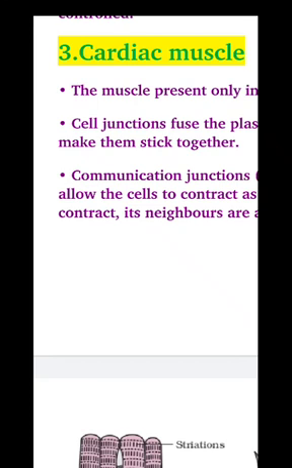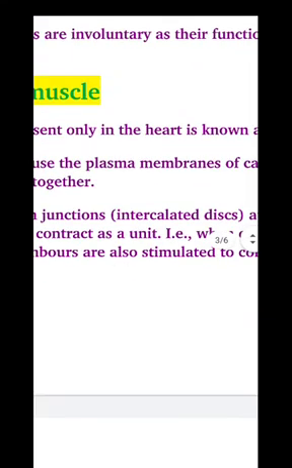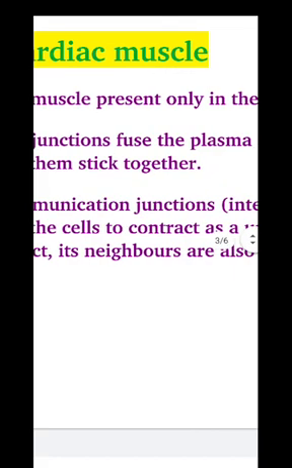That means the cell junctions connect the plasma membranes of cardiac muscles together.